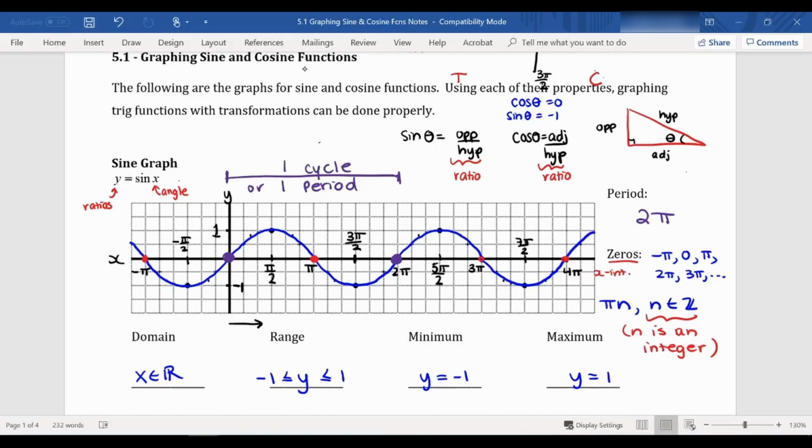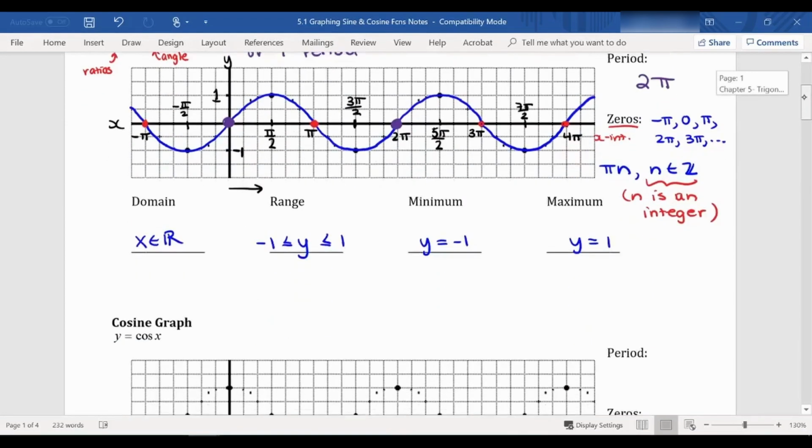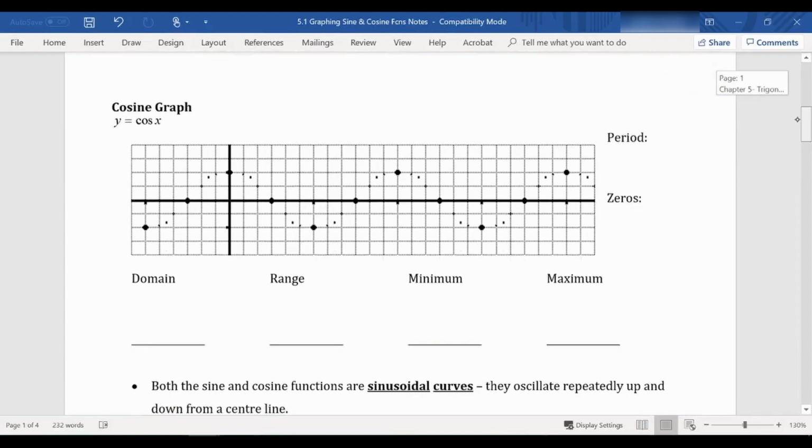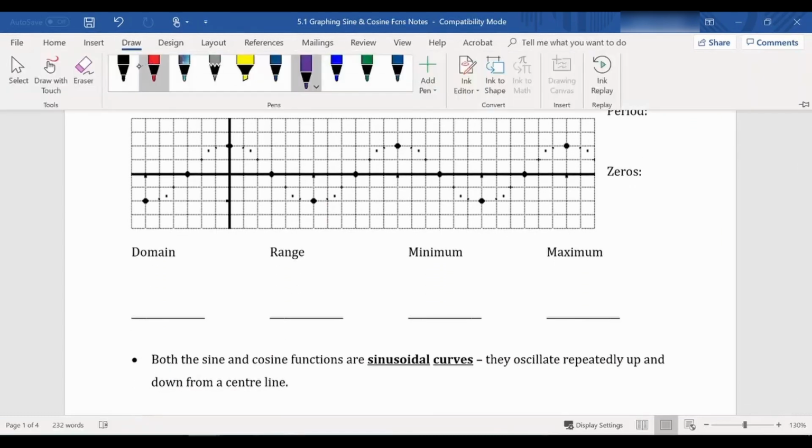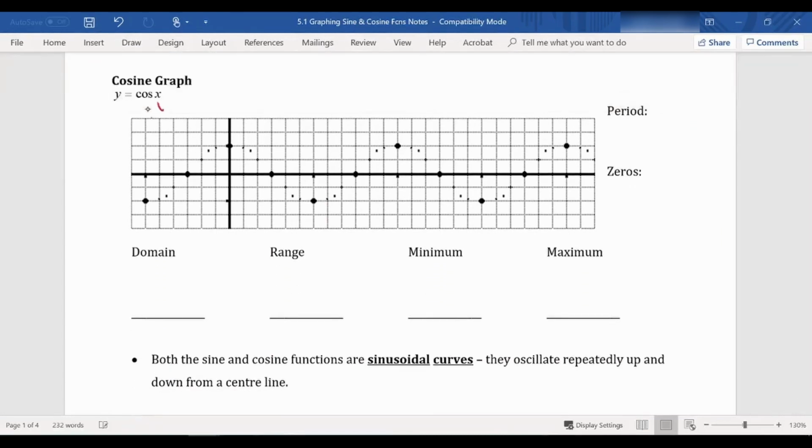Now we can use the same logic to complete our cosine graph. So again, x is angles, so things like pi, 2 pi, 3 pi, etc. And y is ratios.